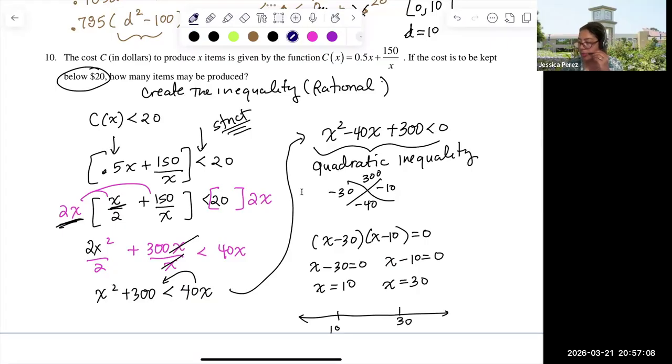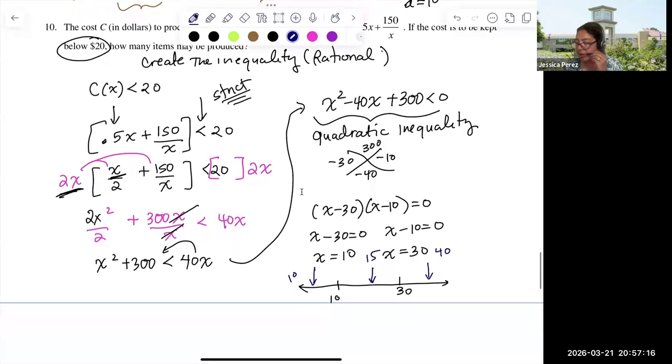So I'm going to need some test points. I'm going to test 0, I'm going to test 15, and I'm going to test 40. And I want to know the values of that. So I'm going to test them right here.